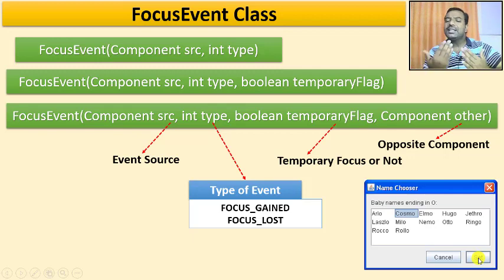Hence there is an opposite component which works exactly in opposite. So if the component is focused, at the same time another component will go to unfocused. Hence there is an opposite component, and that opposite component will be in the parameter called other.